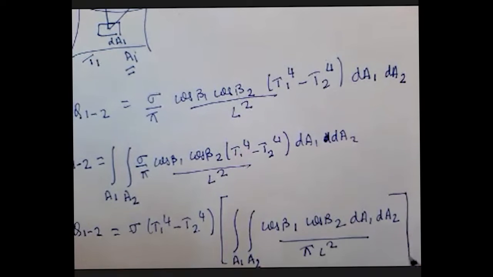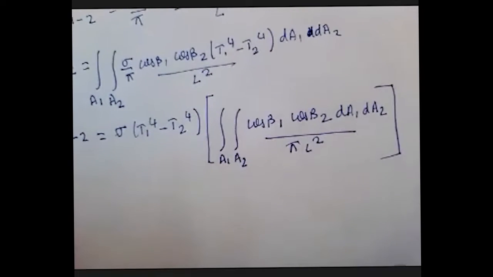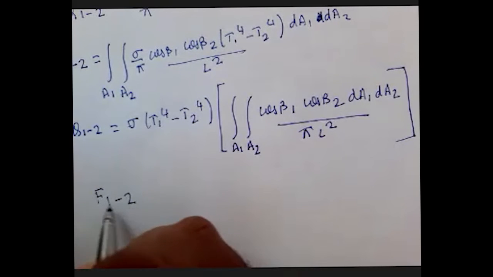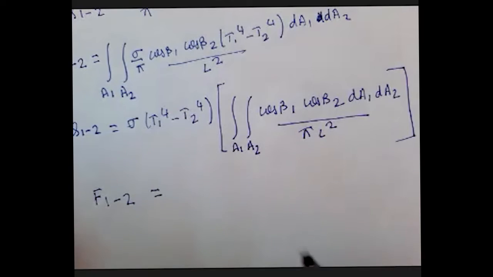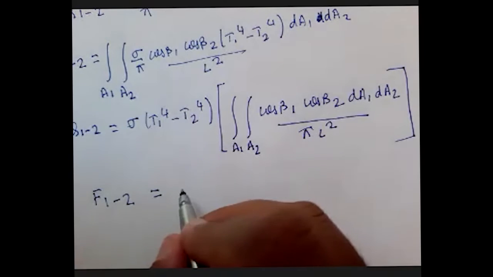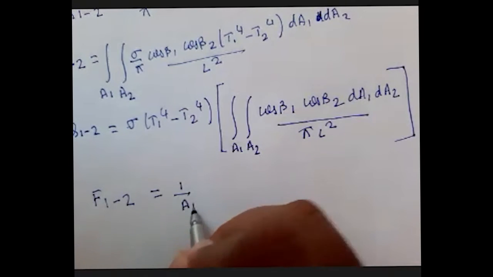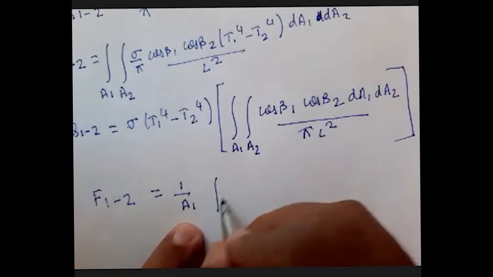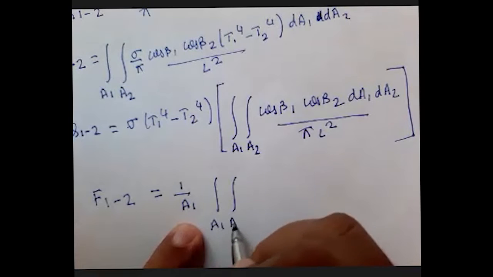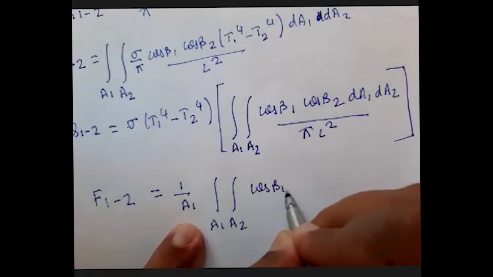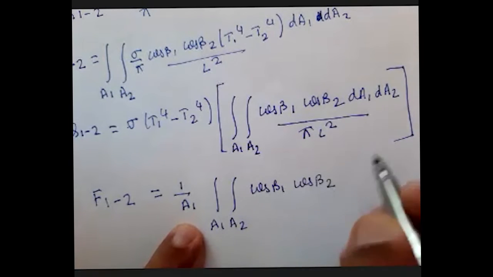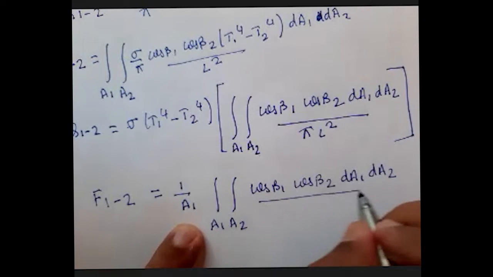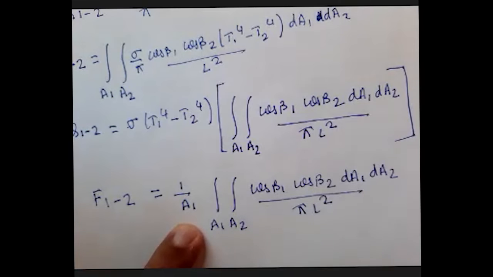Within the square bracket, whatever I have, this can be written as a shape function F1 to 2, and it is given by 1 by A1 and whatever is there within the square bracket: the integral of cos beta 1 cos beta 2 into dA1 into dA2 divided by pi into L square.